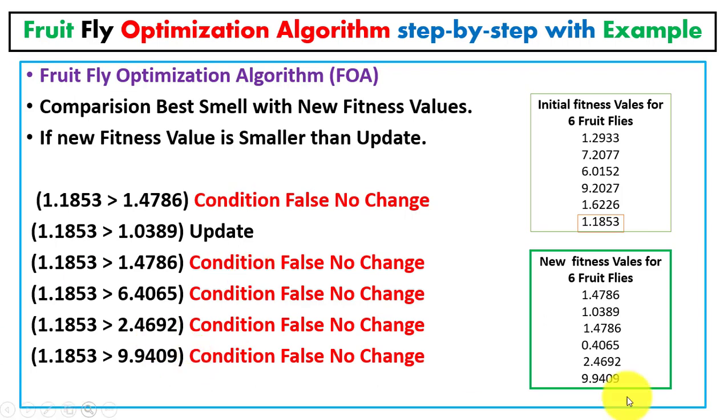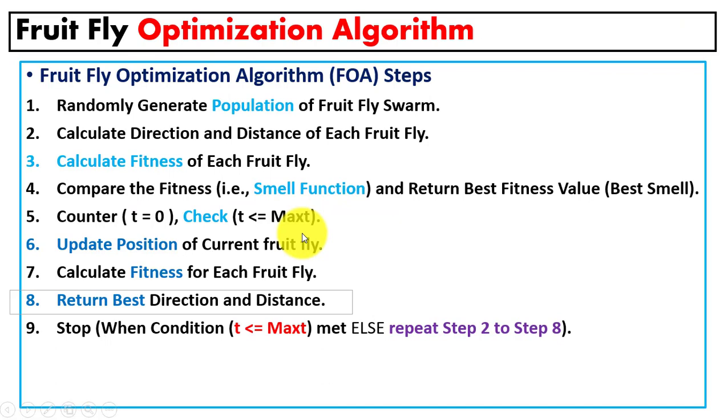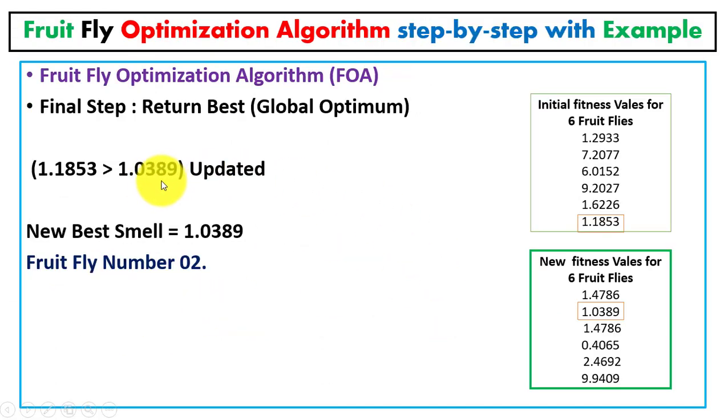So you can see here the condition is true, so we will update the value now. Now we will consider the new fitness value that we computed for the second fruit fly as the best smell now. So fly number 2, you can see here we have the minimum fitness value, so we will consider this the new best smell.